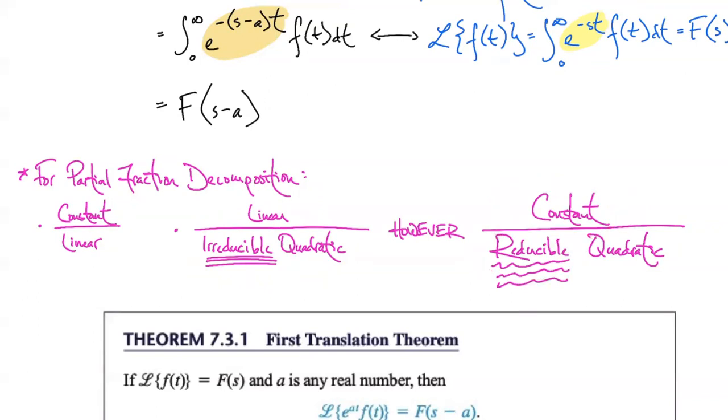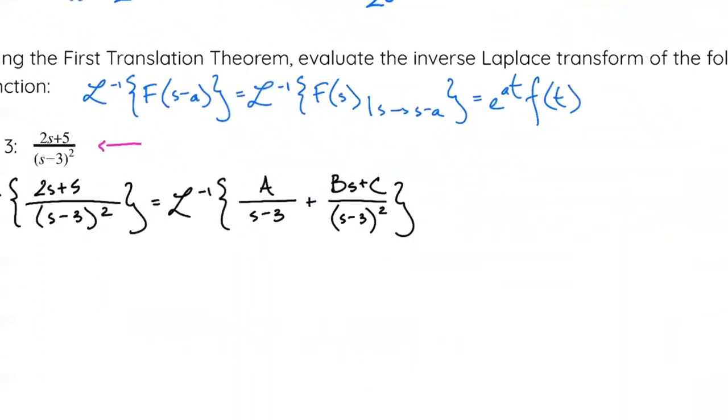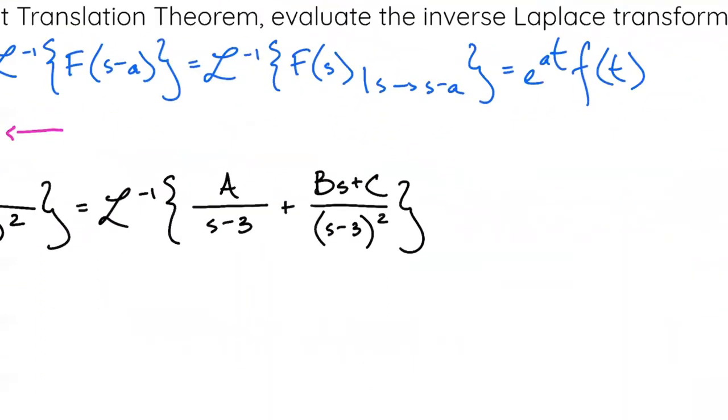And so if we bring this back down to example number 3 and we take a look at this factor, s minus 3 squared, yeah, that's a quadratic, but is it reducible? It sure is. It reduces to s minus 3 times s minus 3. And since it's reducible, we want a constant on the top, okay?